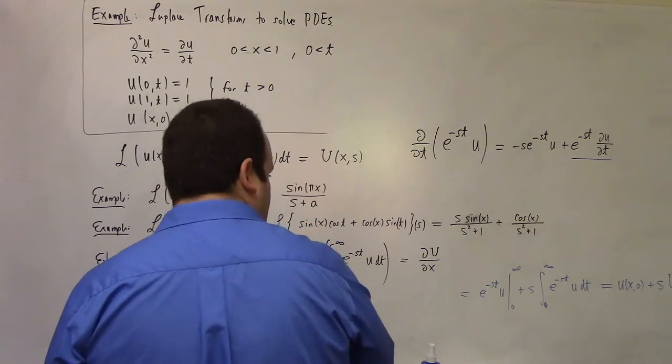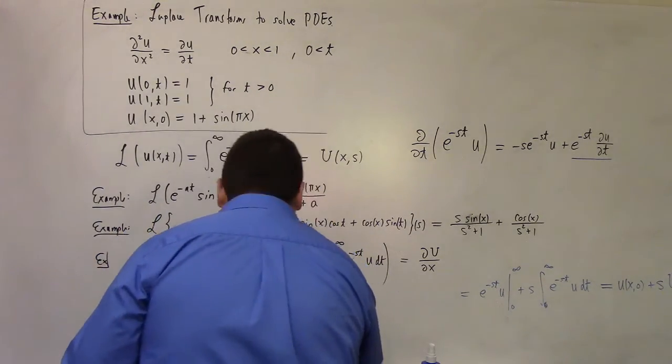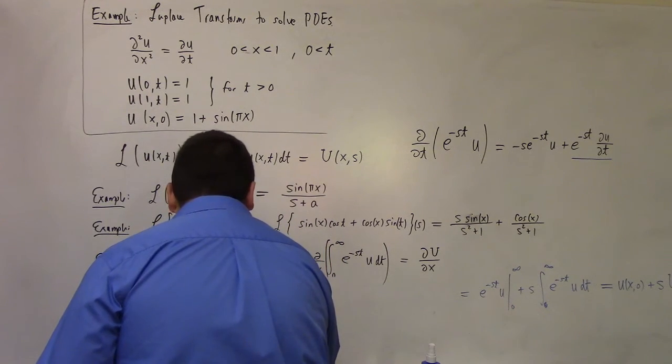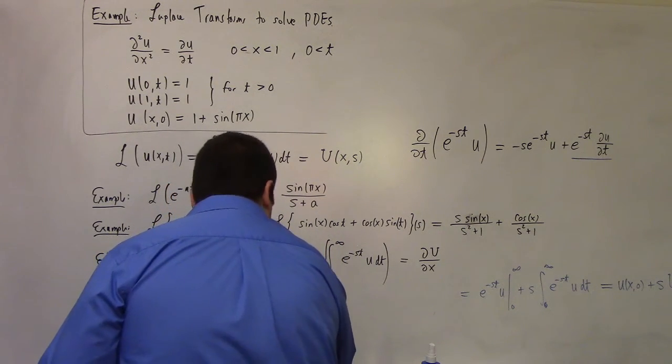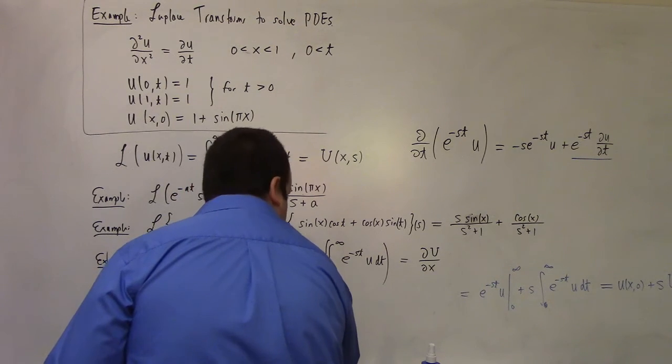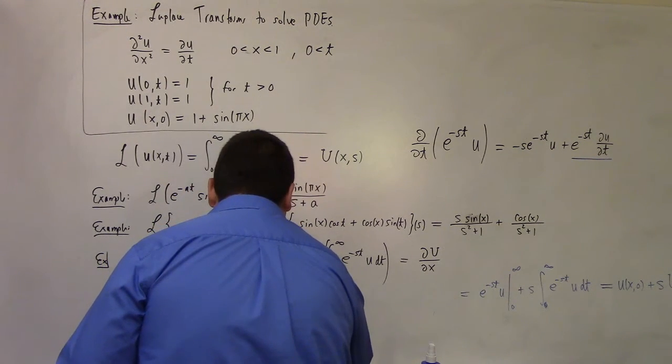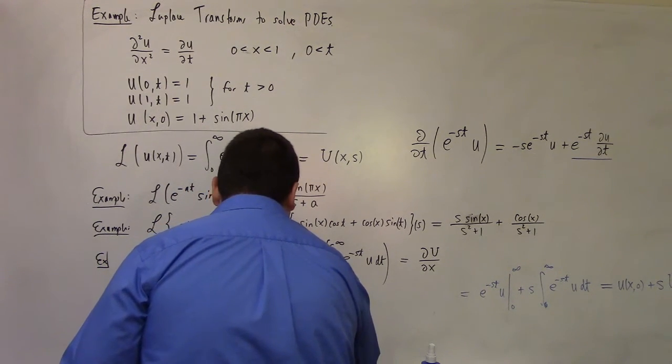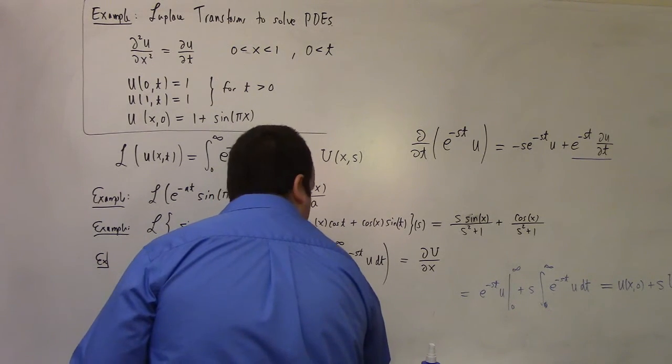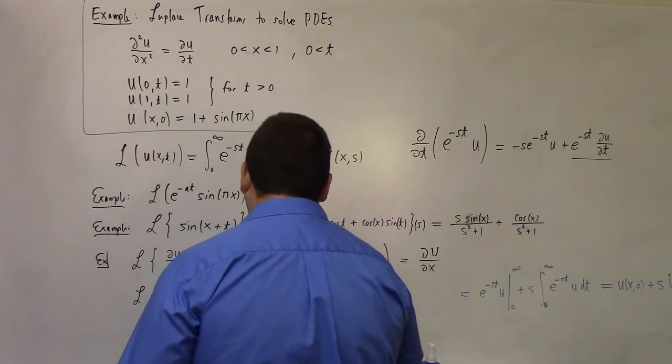So many interesting things are just integration by parts. Anyway, here, we got little u of x comma 0 plus s times the big U.